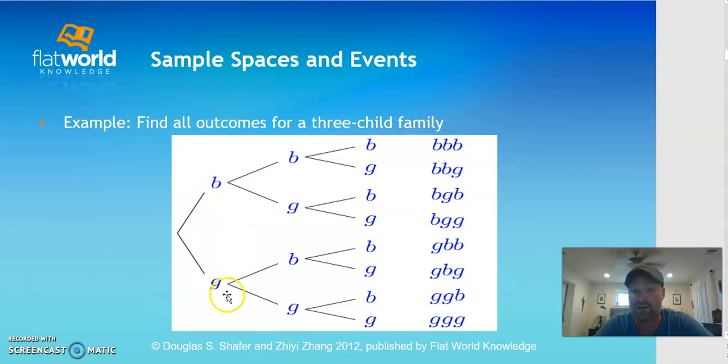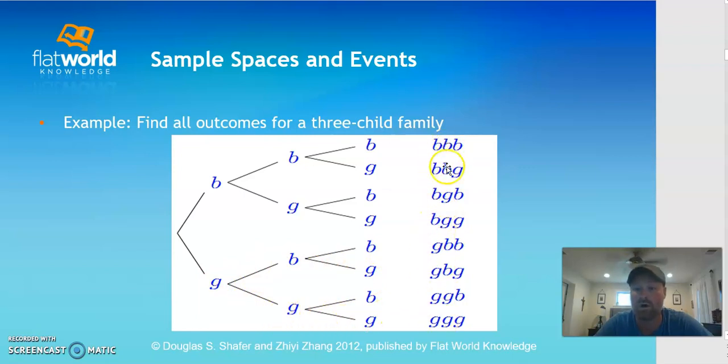And then from there you would have your second child outcomes and your third child outcomes. So you could have all 3 boys, boy boy girl, boy girl boy, boy girl girl, girl boy boy, girl boy girl, girl girl boy, girl girl girl. And those are all of our outcomes that are listed here.